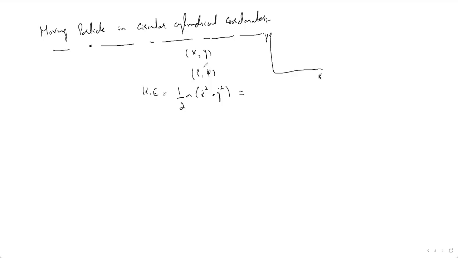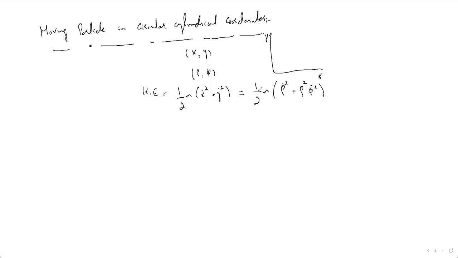Writing this kinetic energy in rho and phi, this will be equal to 1/2 m of rho dot squared plus rho squared phi dot squared. This is the conversion from Cartesian to cylindrical coordinates.